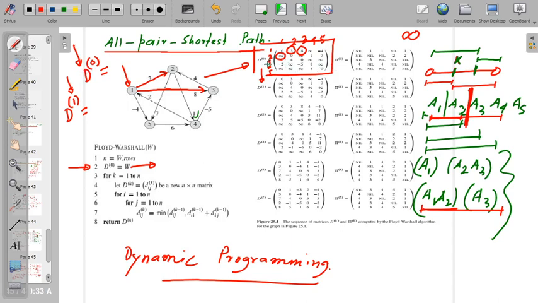We did not have any connection directly, so it was infinity, right? It was infinite. And say 2 to 4, what was the cost?